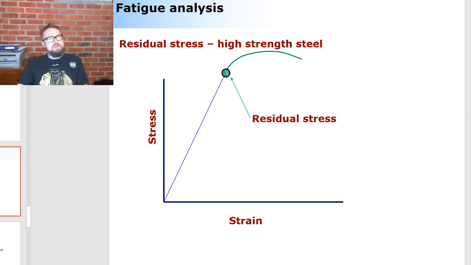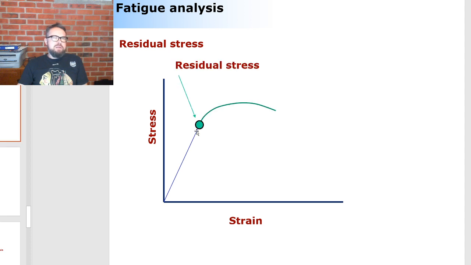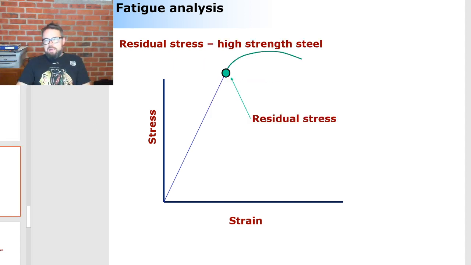So it's not going to help me much, because if I load the structure in a similar way as in the previous case, I'm going to move into this nonlinear phase. And that's what makes it possible for cracks to grow, even if you're using these high-strength steels. So in summary, those are the two big drawbacks associated with welded structures.